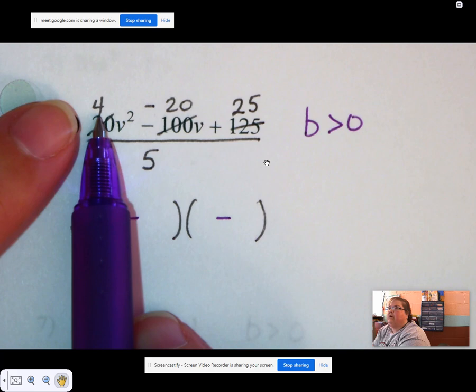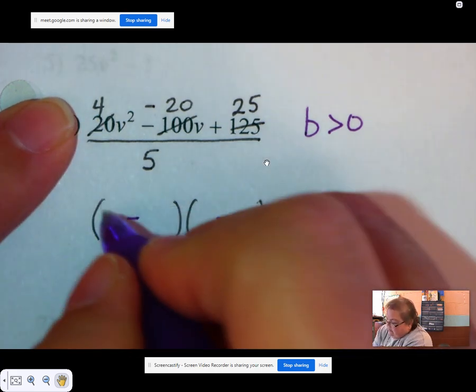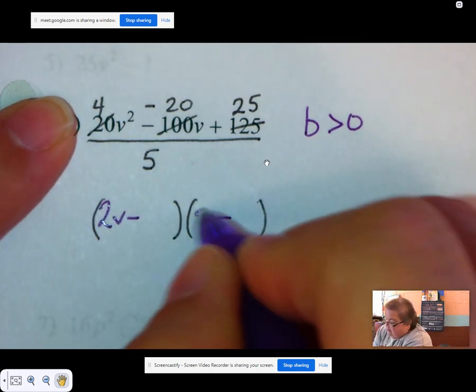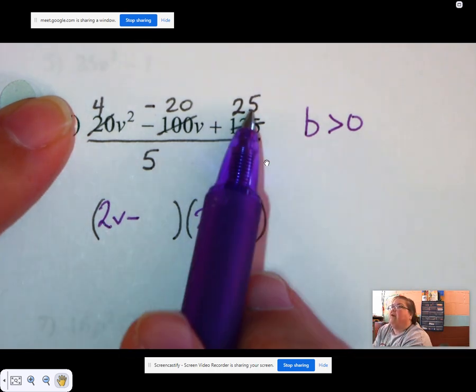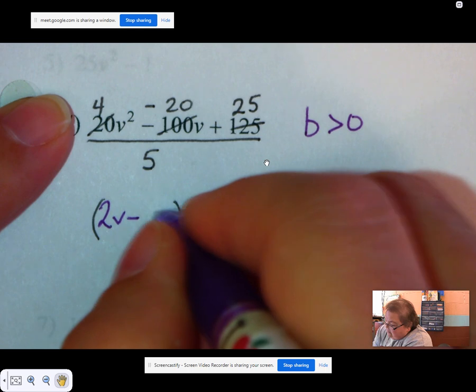What times what is 4? 2. Remember, they have to be the same term in the same place. What times what is 25?